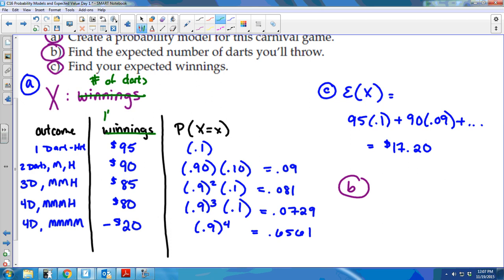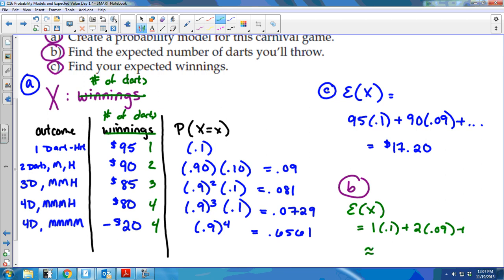Your winnings is now number of darts. This is 1, 2, 3, 4, right? So your expected value is 1 times 0.1 plus 2 times 0.09, and so on, because you're worried about the number of darts now, it has nothing to do with the money.